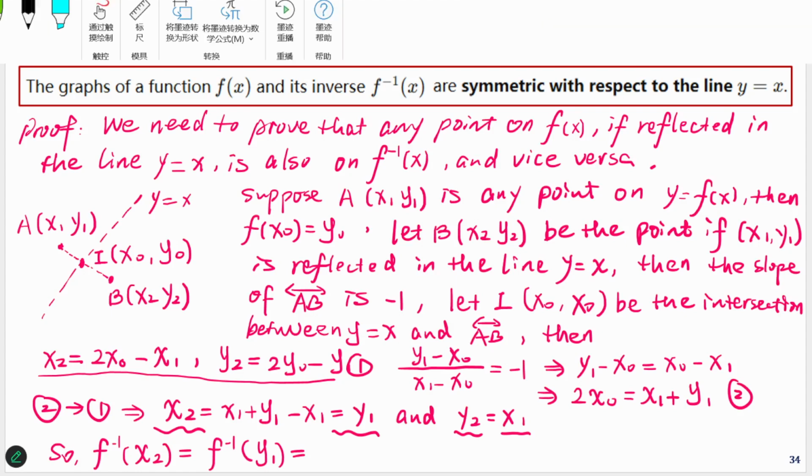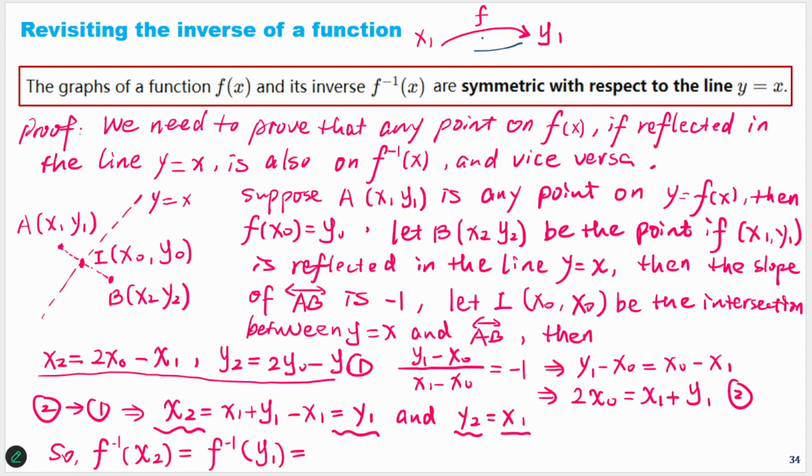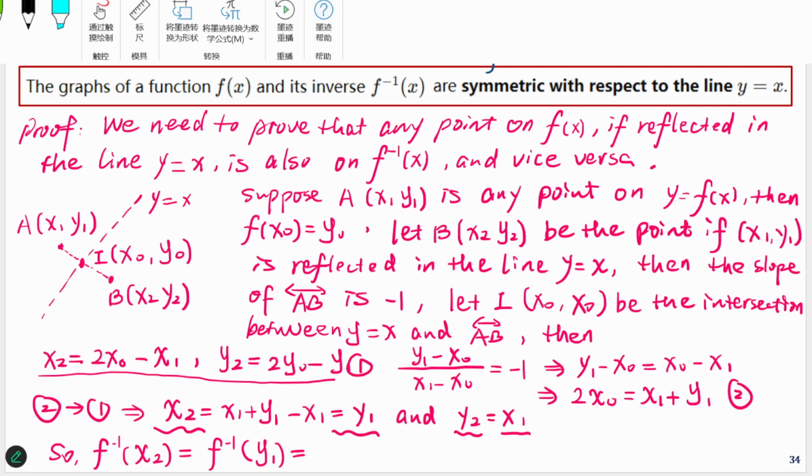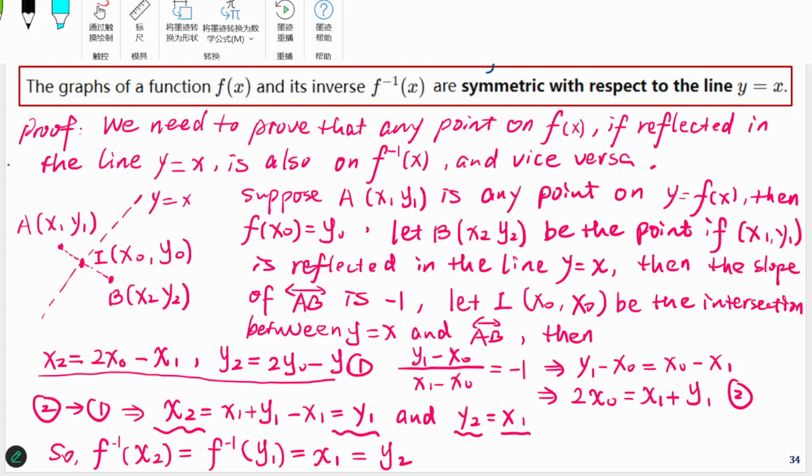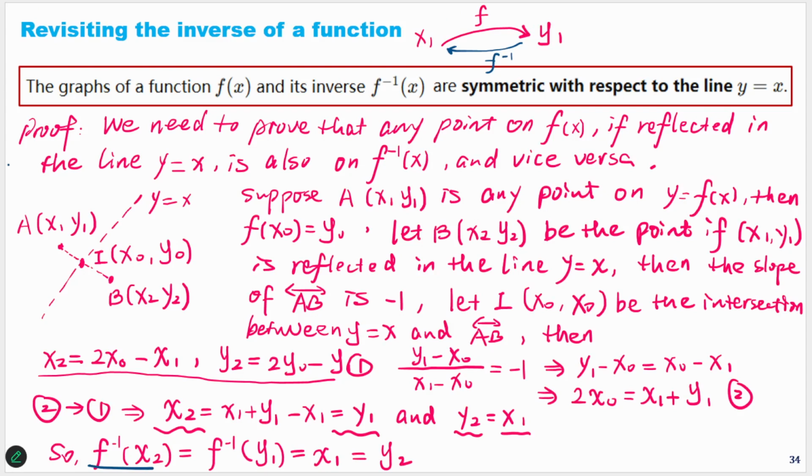So that means if we reverse the relation, then under the effect of f inverse, it will map y1 back to x1. So that's why we have inverse f of y1 equals x1. You see that? And we have also proved x1 equals y2. So we have proved f inverse of x2 equals y2.